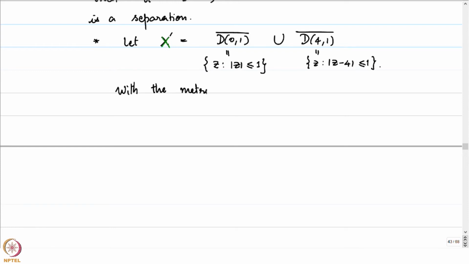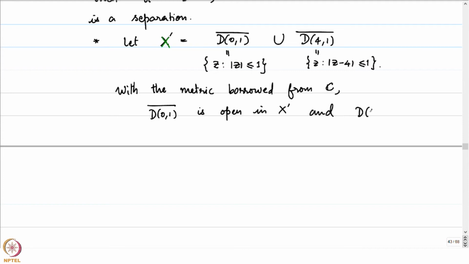metric borrowed from C, D(0,1) bar is open in X prime, and D(4,1) bar is open in X prime.